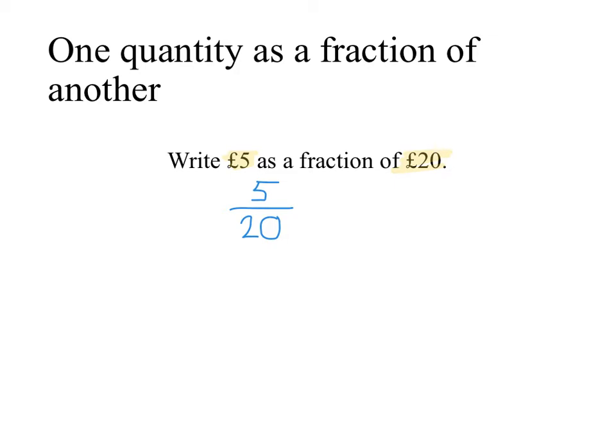Well, the top one's in the 5 times table, and the second one ends in a 0, so that's in the 5 times table too. So how many 5's? 5, 10, 15, 20. How many 5's in 5? Well, 1. And how many 5's in 20? 1, 2, 3, 4. 1/4.